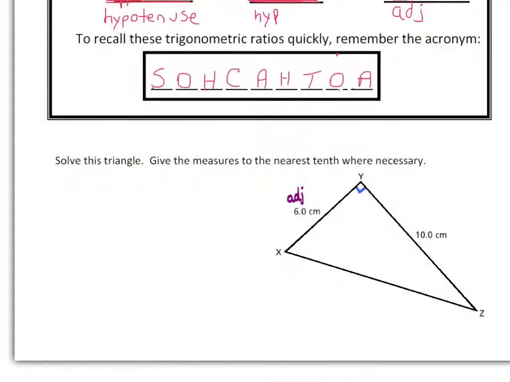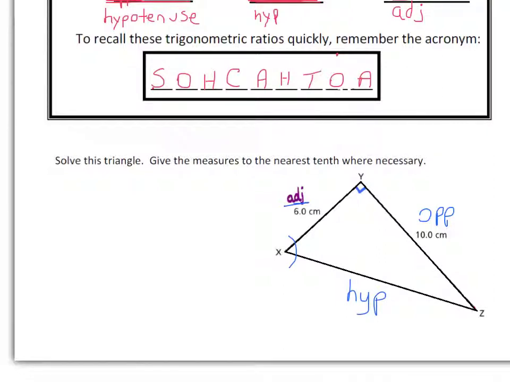Okay, let's look at this example. Solve this triangle, x, y, z. So we have two sides given to us, and we want to find, let's say for example, angle x. Well if we want to find angle x, that means that this is the opposite side, xy is the adjacent side as already labeled, and remember that the hypotenuse is always across from a 90-degree angle, so that's the hypotenuse.